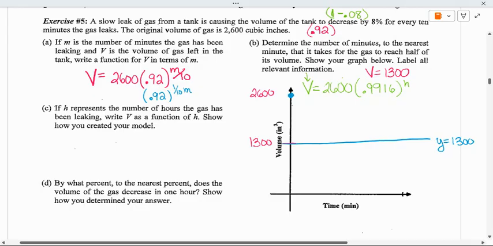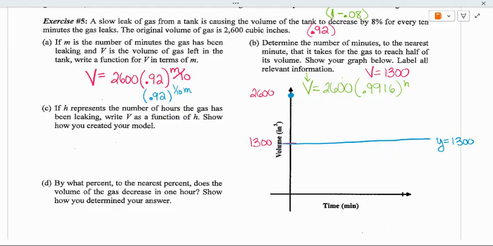So I'm going to go to y equals 2,600 times 0.9916 to the power of x. And I'm going to get a table of values because I'm looking for when my output y is going to be 1,300. I want to know how many minutes it is going to take for my output to be 1,300.